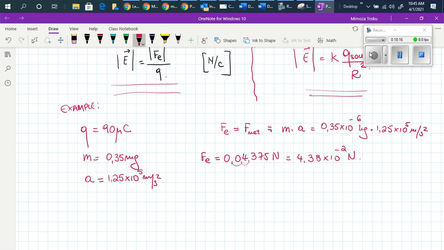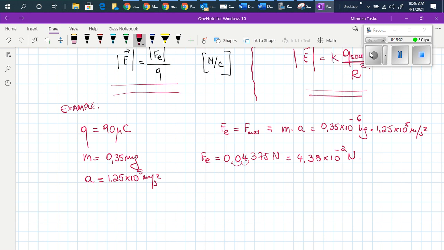Now, this is the force that the charge of 90 mu coulombs is experiencing as a result of the source that is there.